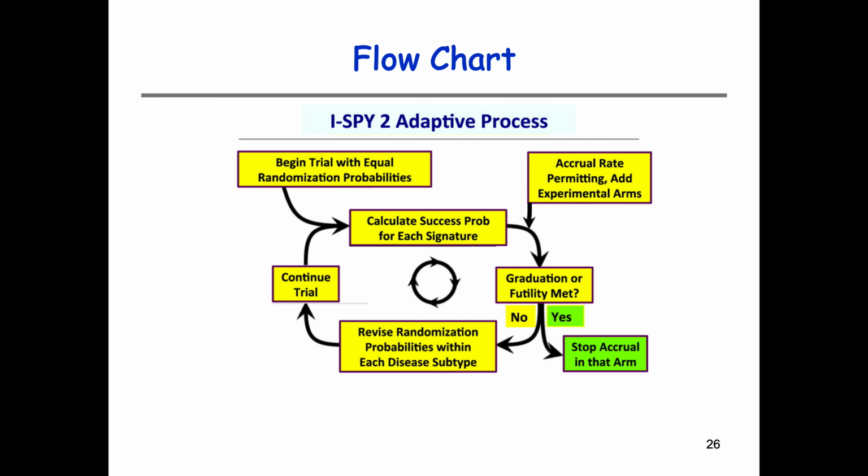Now, eventually, does this graduate or go to futility? If the answer is yes, we stop accrual in that arm. So it's important to note that we can stop the trial for either good news or bad news. Good news, it graduates to phase 3. Bad news, futility, it's not going to graduate.